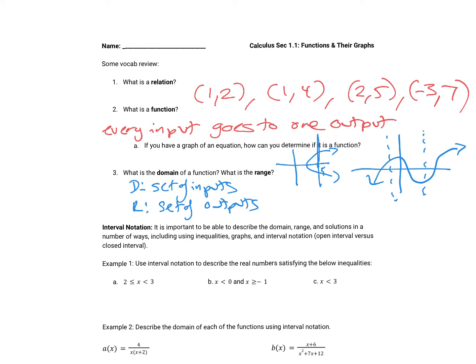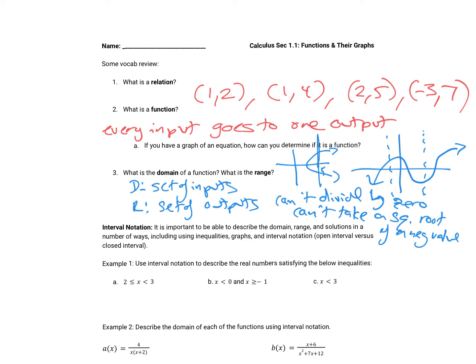Two things to look out for: you can't divide by 0, and you can't take a square root of a negative value. So if you have a variable in the denominator, then there's likely a restriction on your domain. Same if you have a variable under a square root.